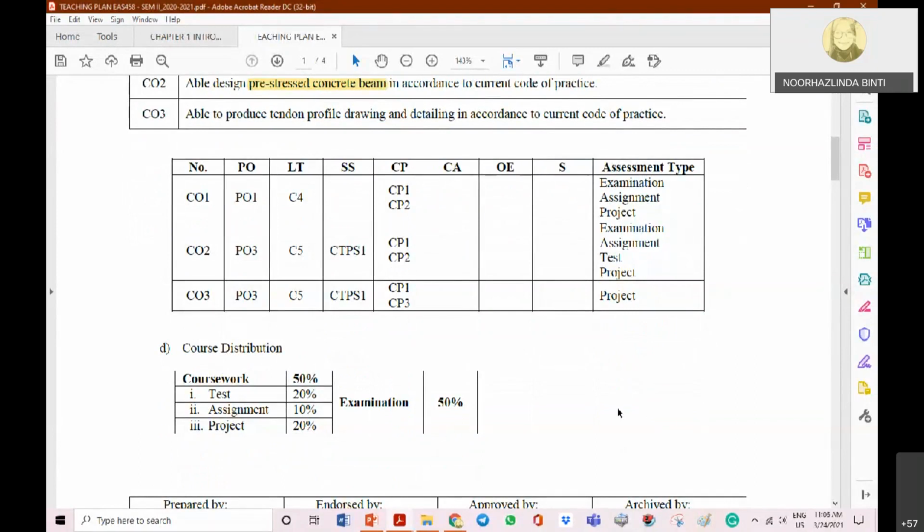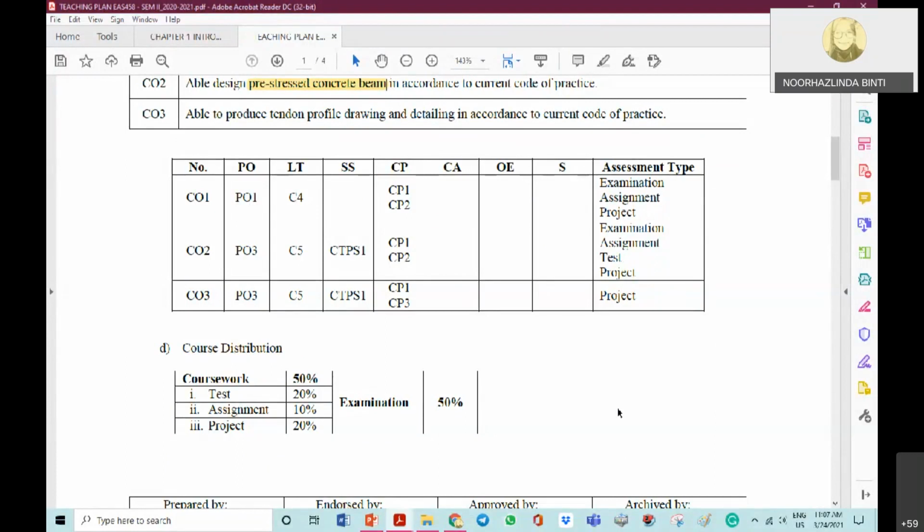So 10%, 10%, summing up to 20% for tests. Assignment, only 1, 10%. And the third component is project, 20%. So altogether 50%, 3 components. Or in other words, we can say there are 4 components, because we have 2 tests, and examination 50%.